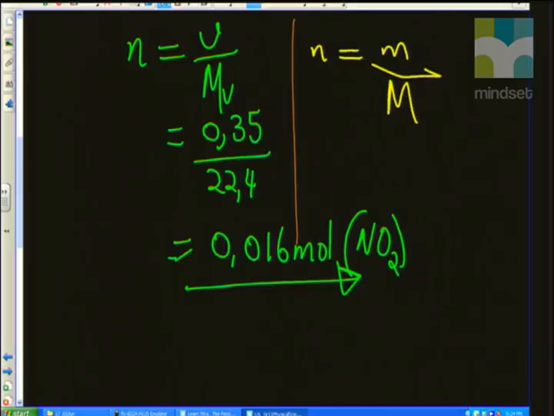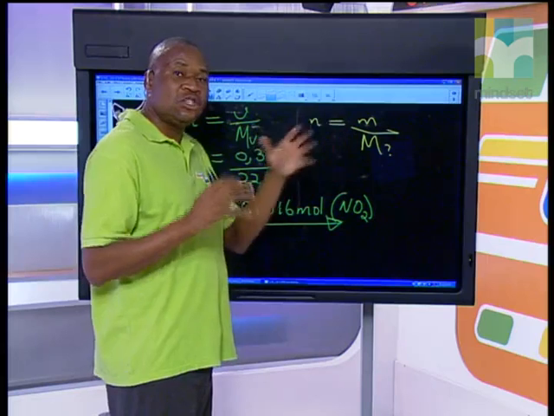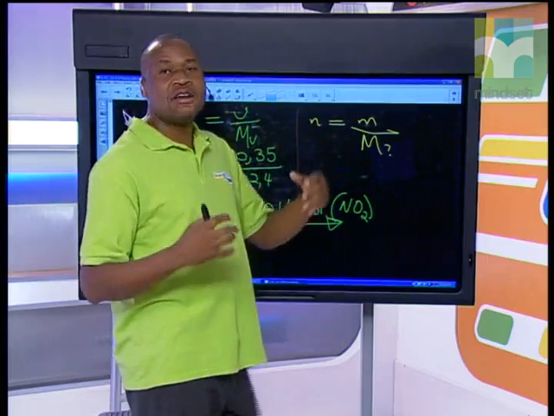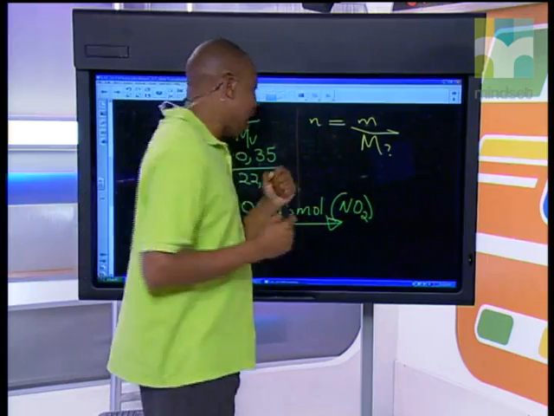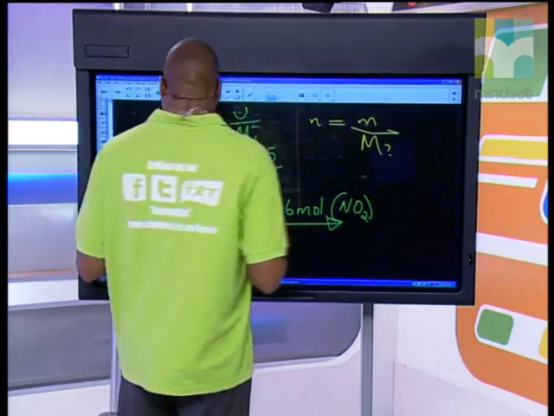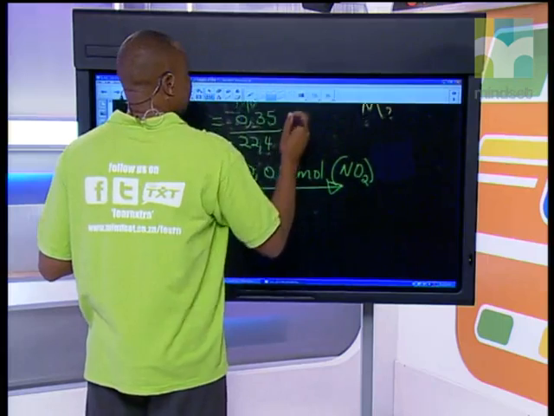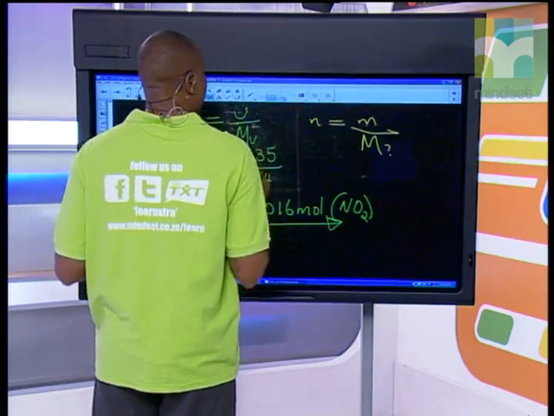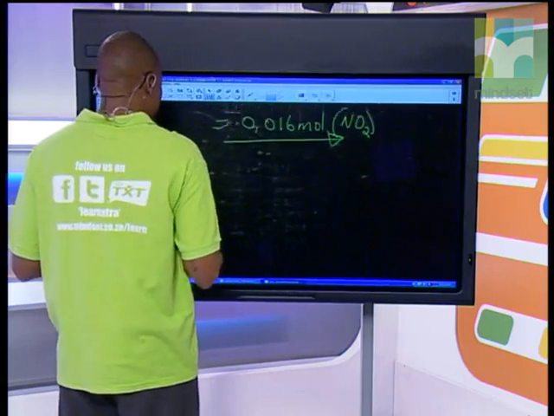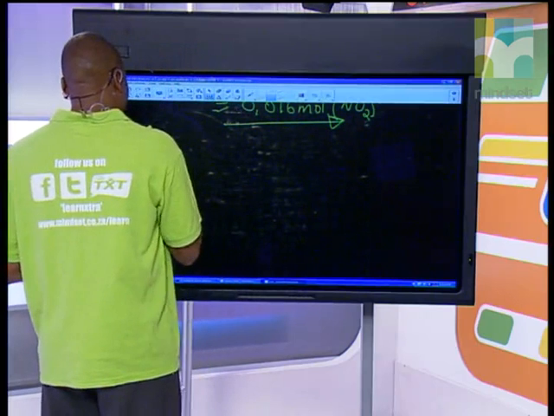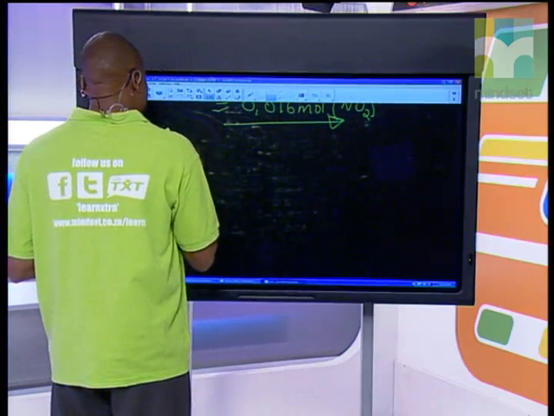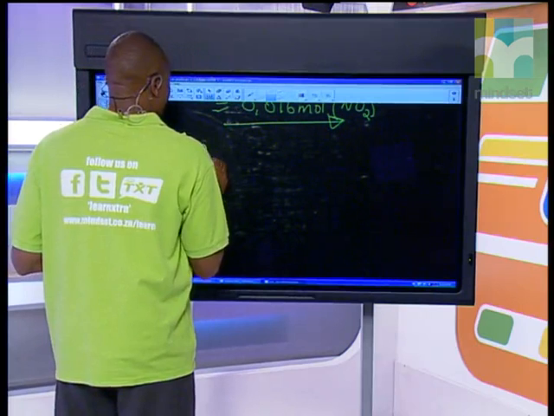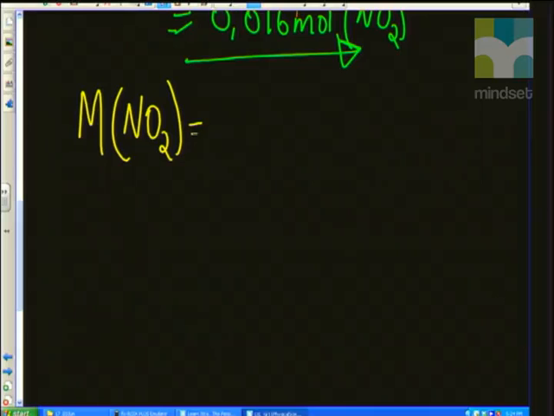Now the question is, do we have the molar mass? We don't have the molar mass, we have to work it out. So there should be a way of us finding out what that molar mass is. And how do we do it? This is the molar mass of nitrogen dioxide, M of NO2.